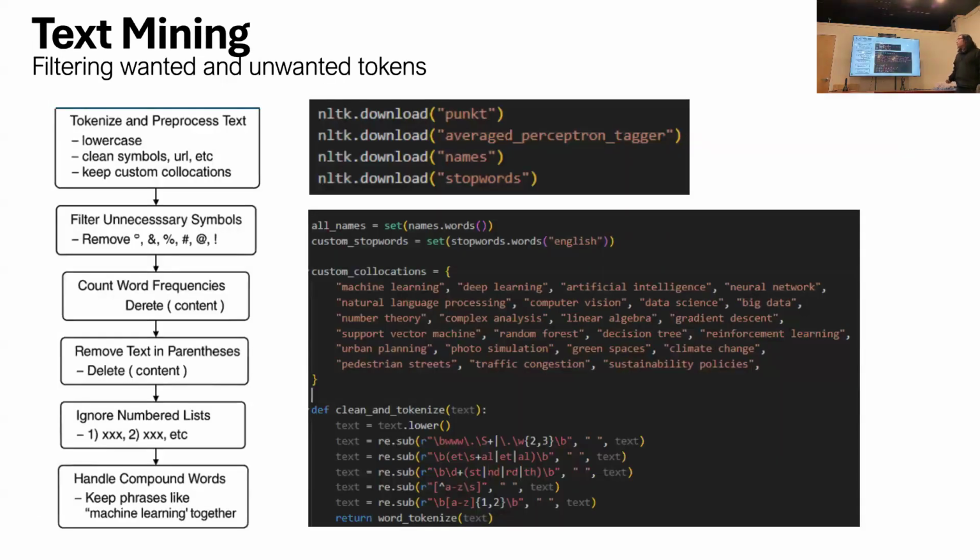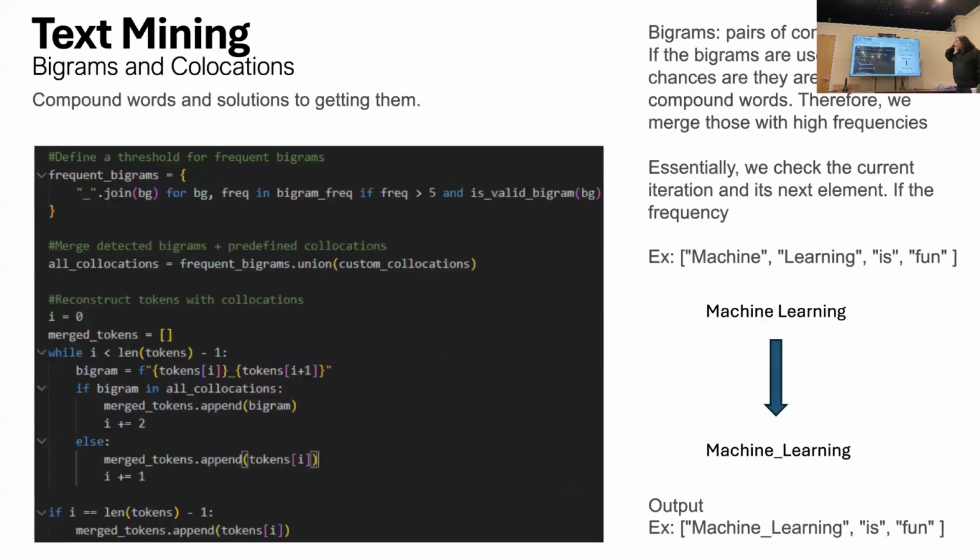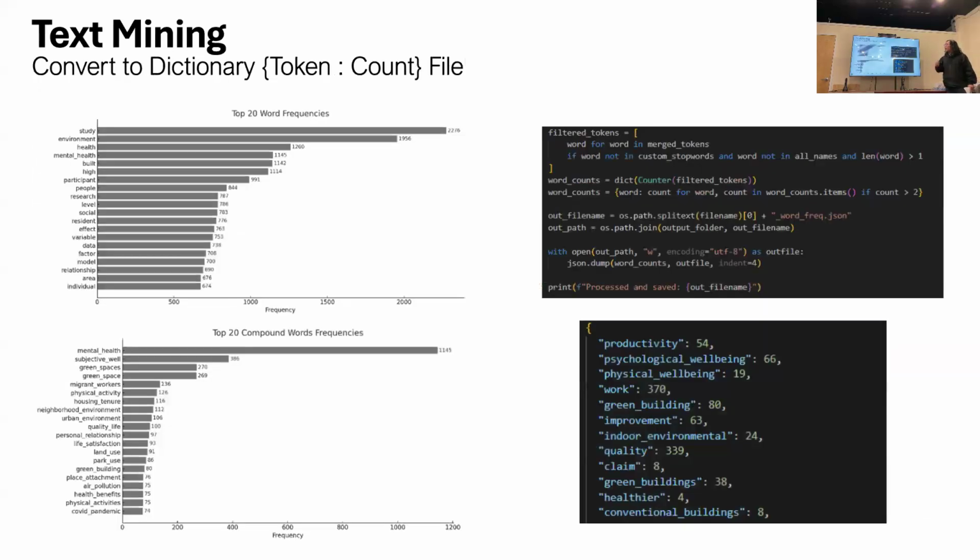Next, we use NLTK for deep cleaning of the PDF words, like stop words and unnecessary symbols. After that, we convert them into a word dictionary and find compound words using n-grams. This is our final result, the word dictionary of all the PDFs.